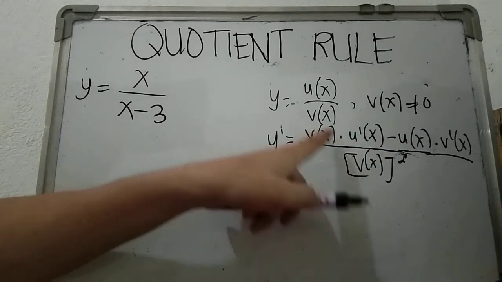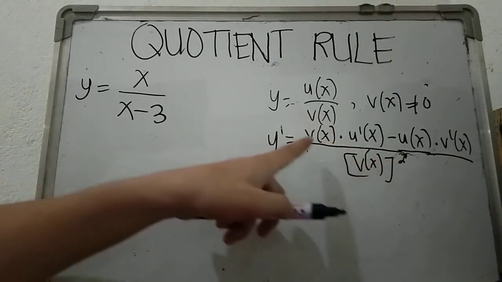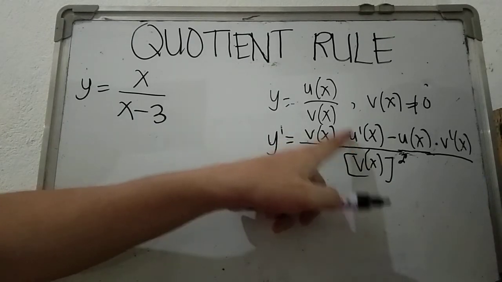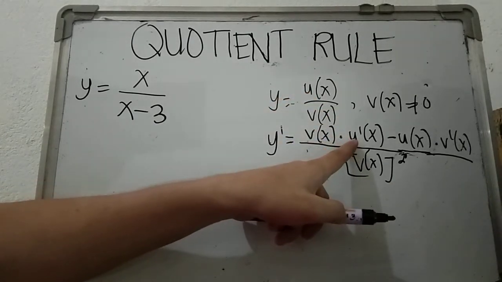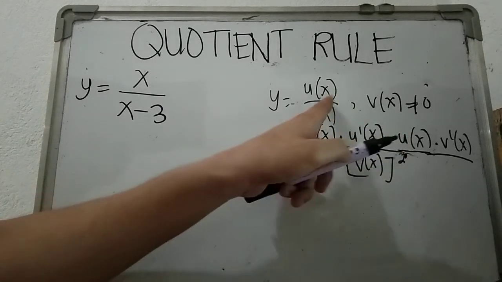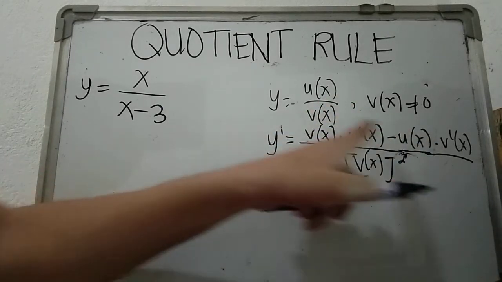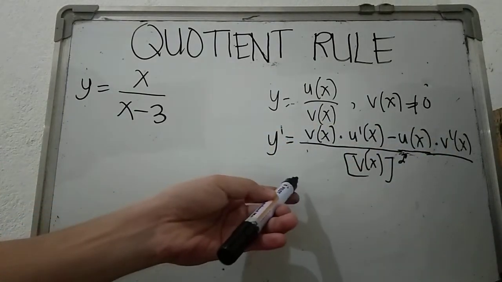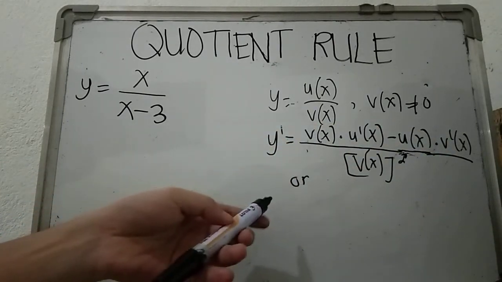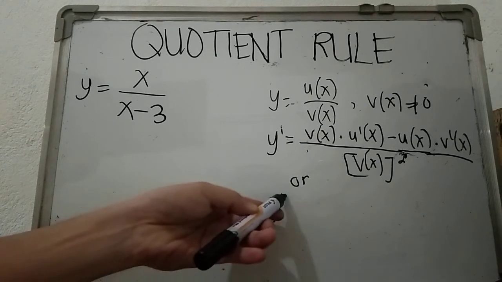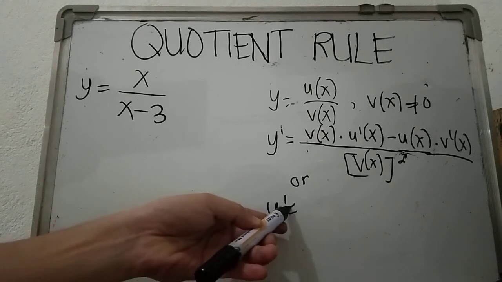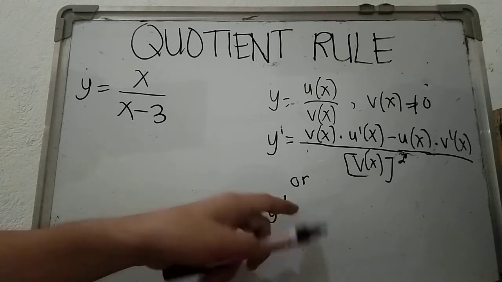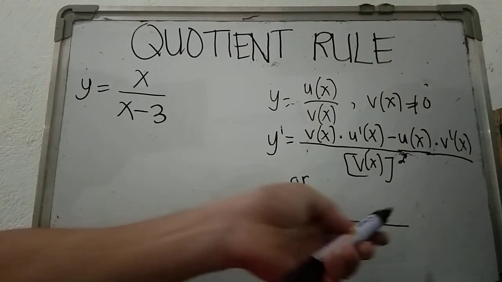In short, in finding the derivative of your function, make sure to use this formula. So we copy the denominator, square that, copy the denominator, multiply with the derivative of the numerator denoted as u prime, minus copy your numerator and then multiply with the derivative of the denominator, which is v prime of x. But to make it neat, others just use the u and the v.